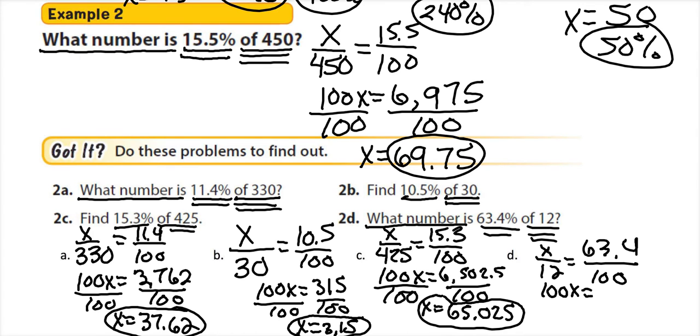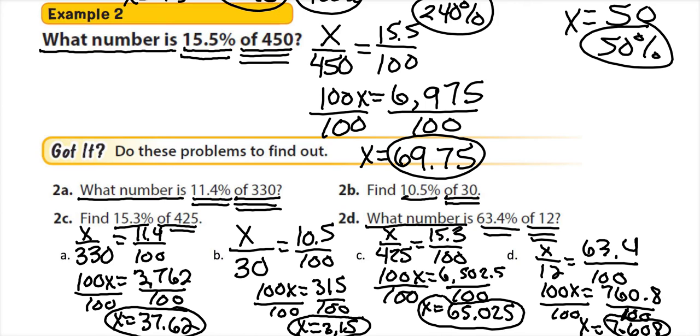And then 63.4 times 12, that makes 760.8. We're going to divide that by 100. And that means move back 2 places, so it'll be 7.608. There we go. 7.608.